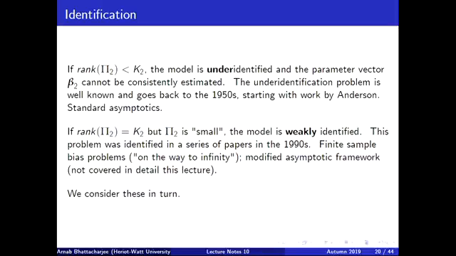Okay? Yes? So what do you mean by small pi2? It's a matrix. What's a small matrix? What I mean by small is that the diagonal elements are too small.